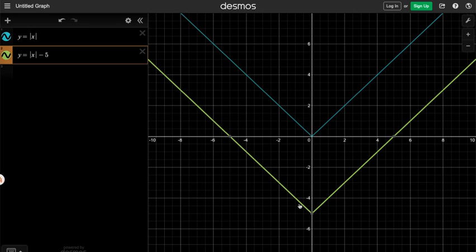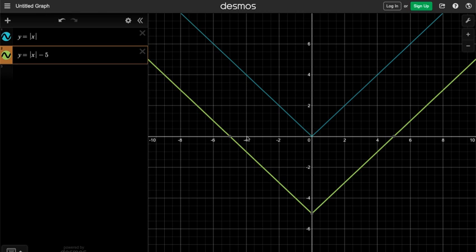Furthermore, if you look at other values of x, for example, x equals -4, originally, the absolute value of -4 will give you the y value being 4. So you will have (-4, 4) as one of the points on this graph.